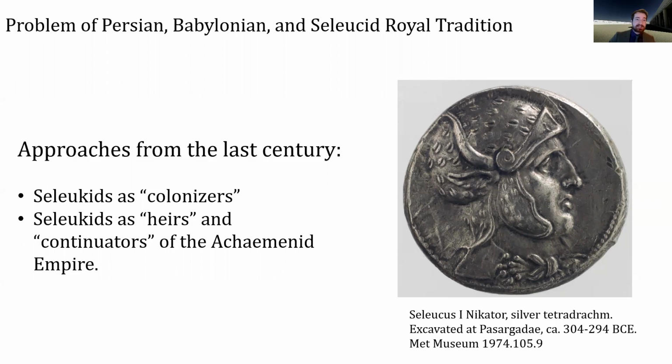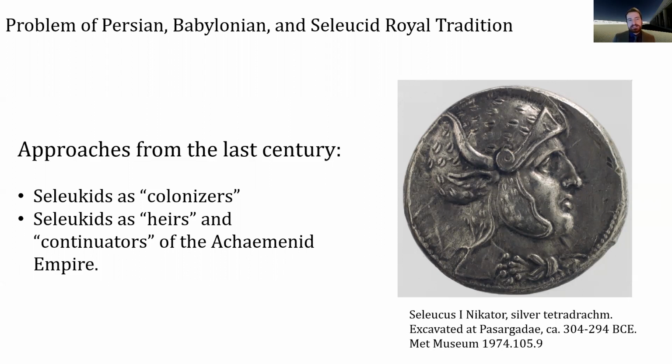The other side of that is that the Seleucids were the heirs or the continuators of the Achaemenid Empire, where they came in and basically were Greek in name, but Achaemenid in all of their aspects.